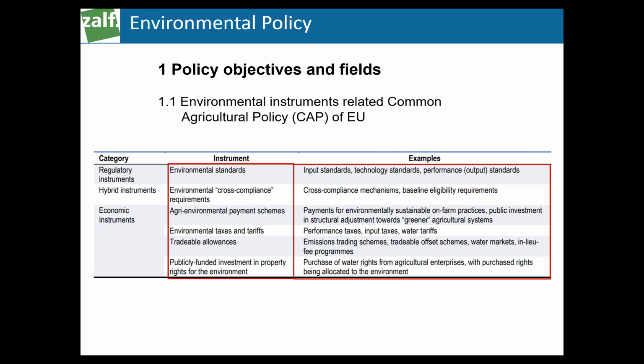And you see the certain standards. Cross-compliance, I come to this in more detail later on, means that you receive certain premiums if you keep a commitment.